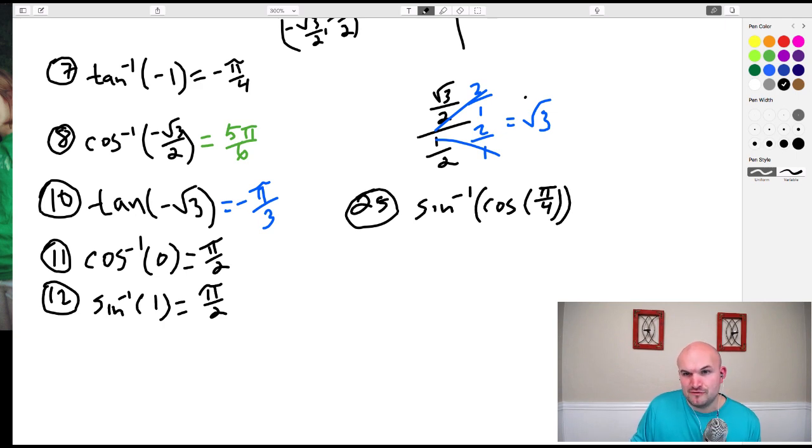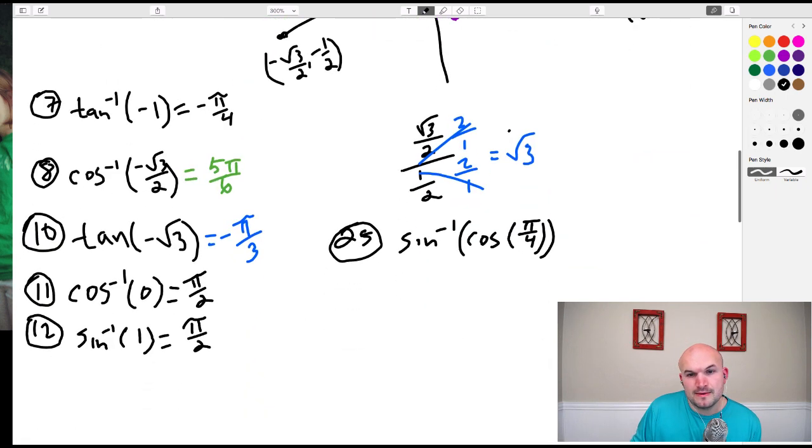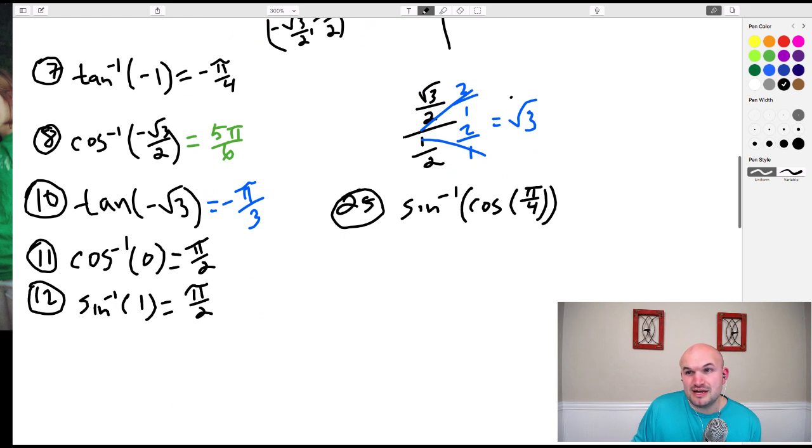The cosine of pi over 4, going back up to our unit circle, is our x-coordinate, which is square root of 2 over 2. So I'm going to replace the cosine of pi over 4 with the square root of 2 over 2. Let's actually do that. So I'll have the sine inverse of square root of 2 over 2.